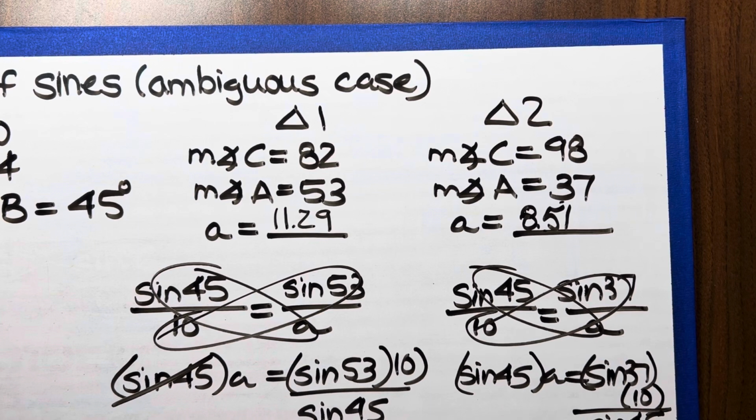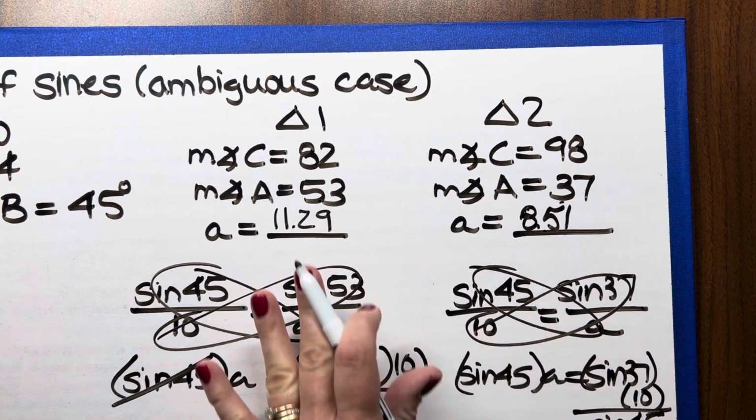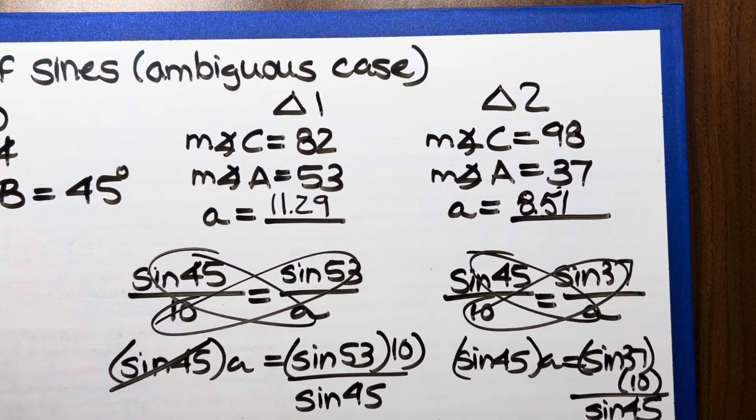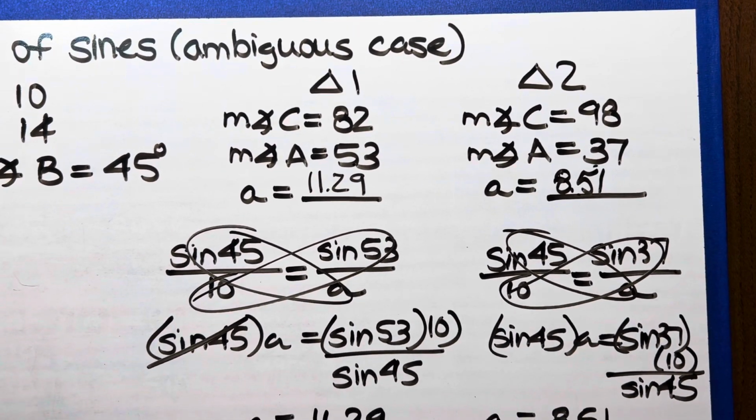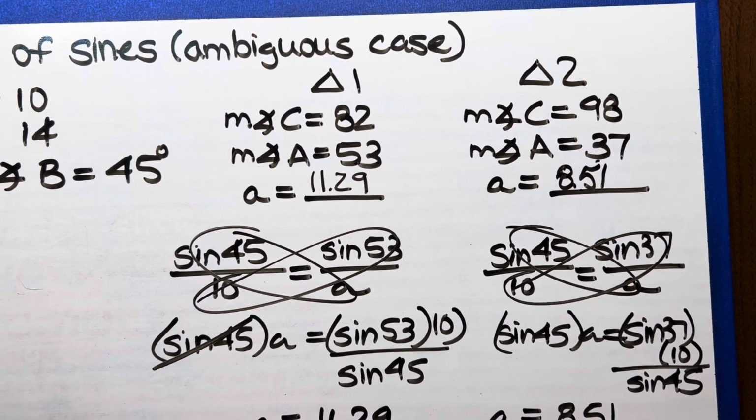Because remember that larger angles are across from bigger sides, smaller angles are across from smaller sides. So at least that part of the information checks out, and I feel pretty confident that I set up my problem and did it correctly. So this is an example of solving using the law of sines for the ambiguous case where we end up creating 2 triangles.